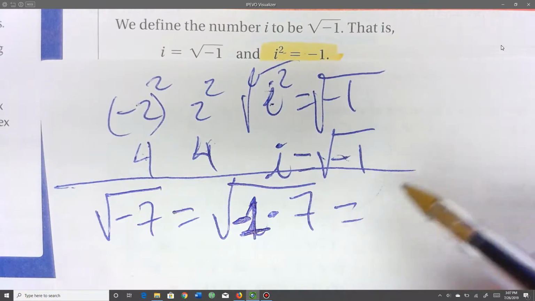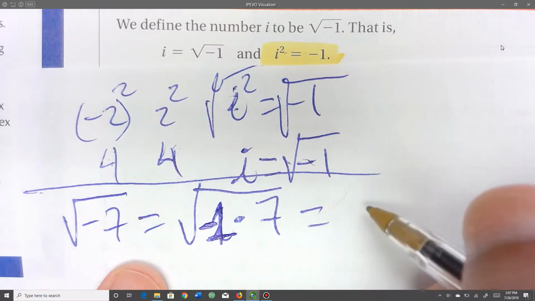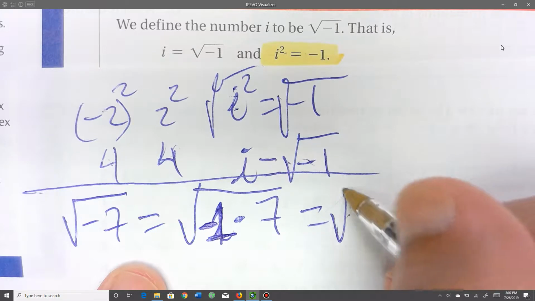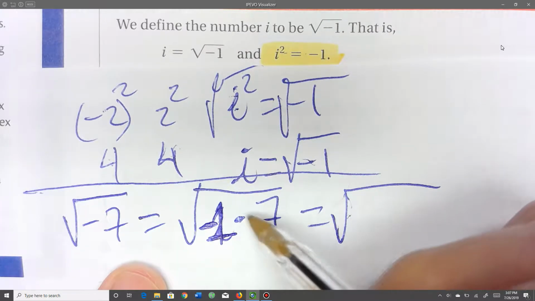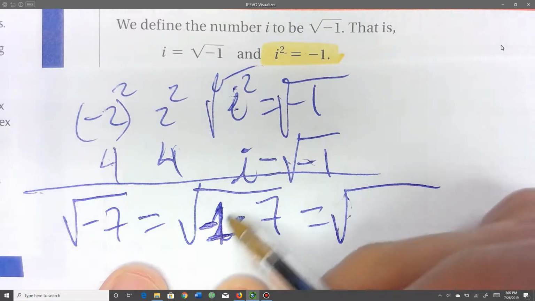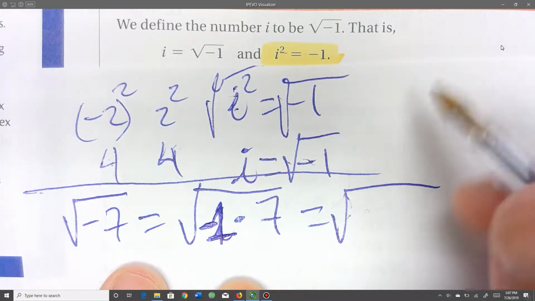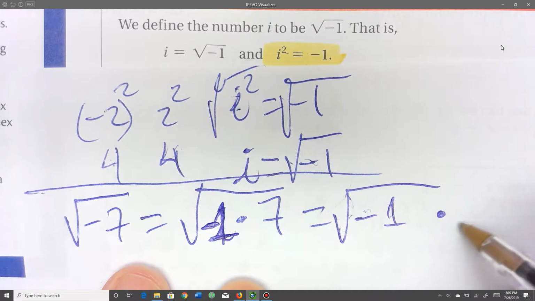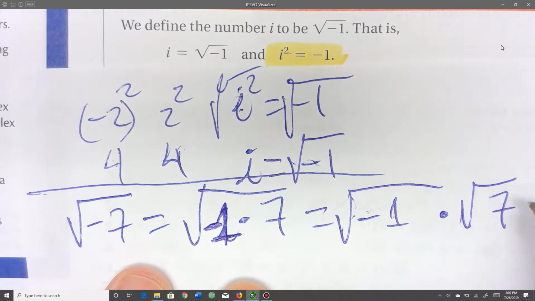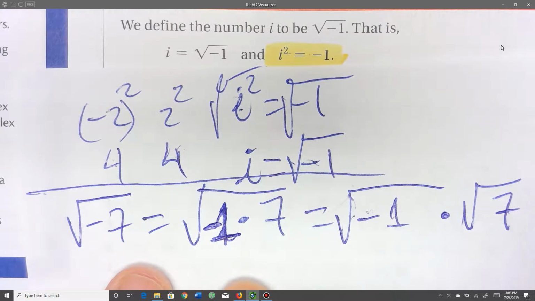We can also rewrite it as negative 1 times the square root of 7, because in this case, if we multiply, we get negative 7.